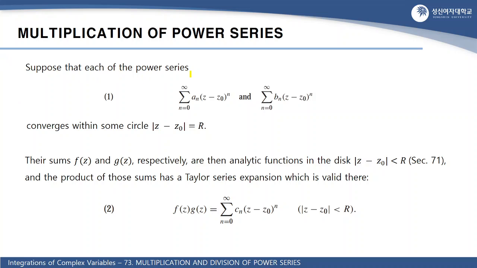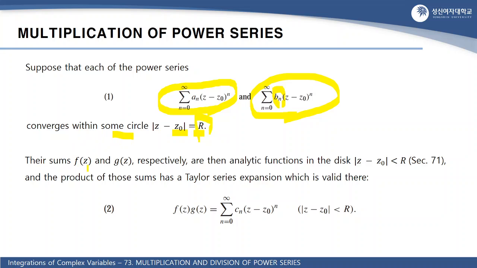Suppose that each of the power series given by expression 1, the first power series using coefficient a_n, and the second power series using b_n as coefficient, converges within some circle defined by the absolute value of z minus z_0 equal to R. z_0 is the center of this circle and R is the radius of this circle.